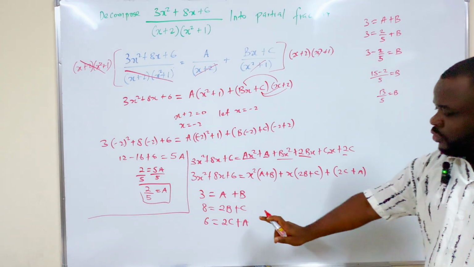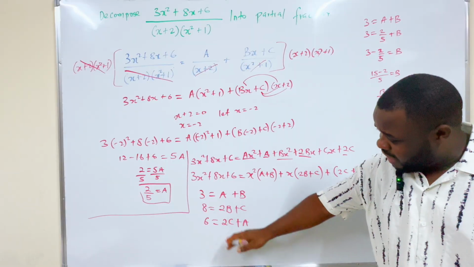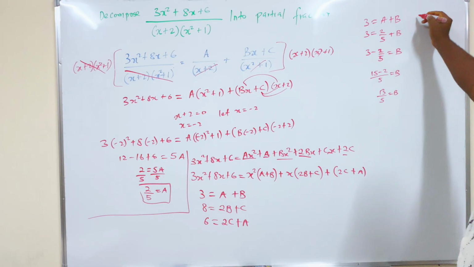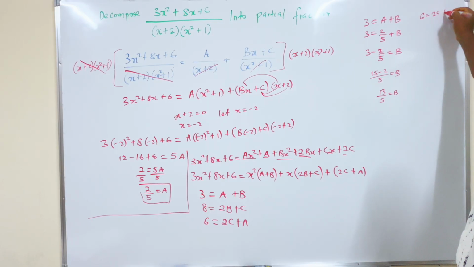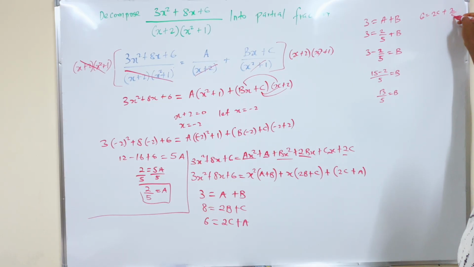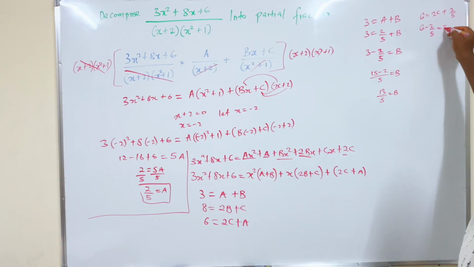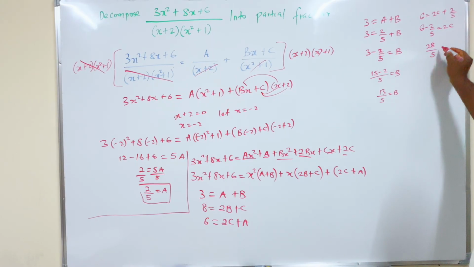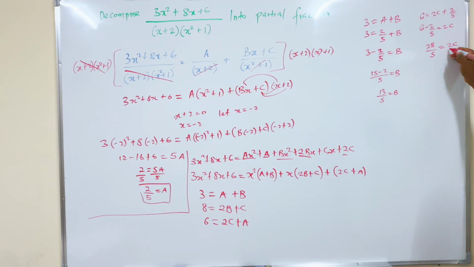All right? So let's find the value of c. For c, we can use any of these equations, so let's use the third equation. For c, we say 6 equals 2c plus a, which is 2 over 5. So we have 6 minus 2 over 5 equals 2c. So this is going to give us 28 over 5 equals 2c, right? So we have to divide both sides by 2.